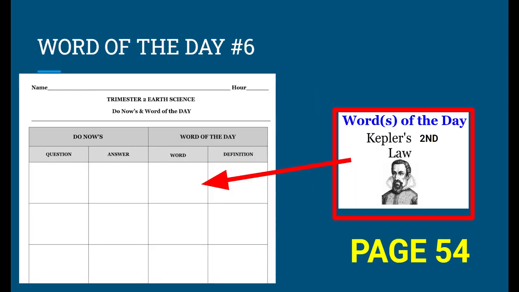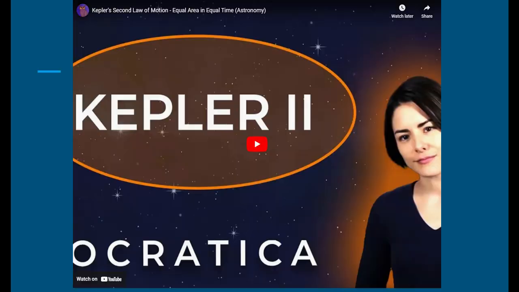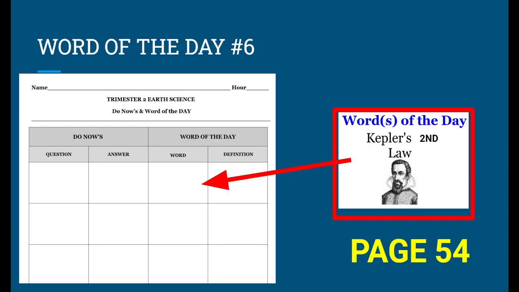So Kepler's second law, you can find that on page 54. What that means is that wherever you're at in the orbit, it sweeps out an equal amount of area in equal time. So if you're at the farthest end, the side of the ellipse that is farthest away from the sun, you're going to slow down.